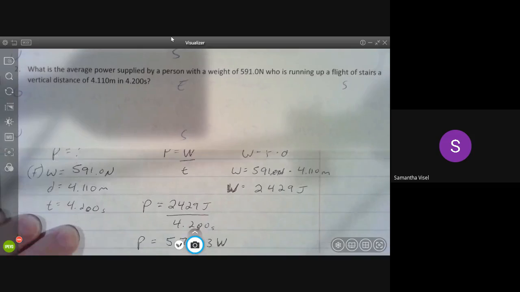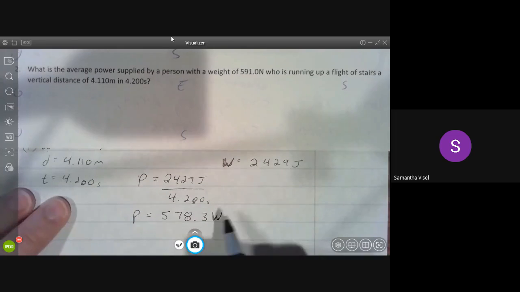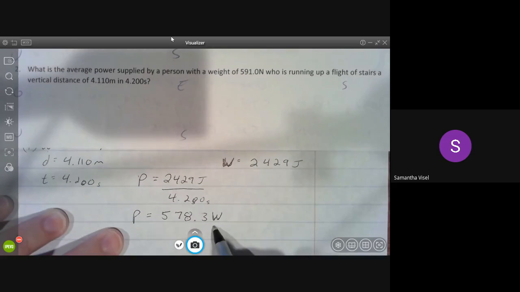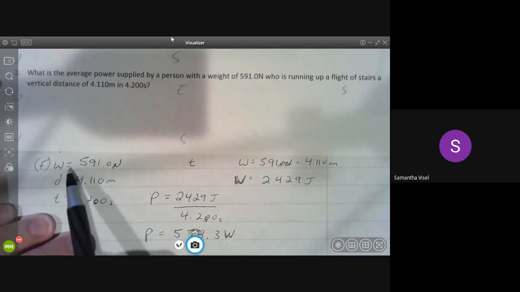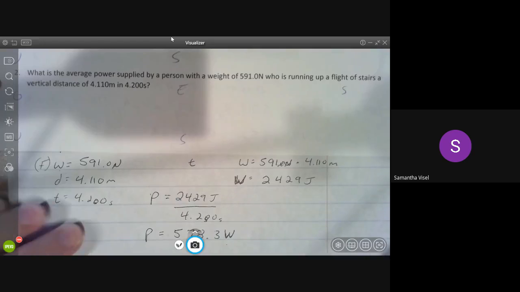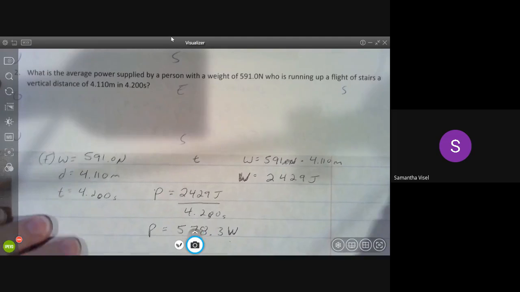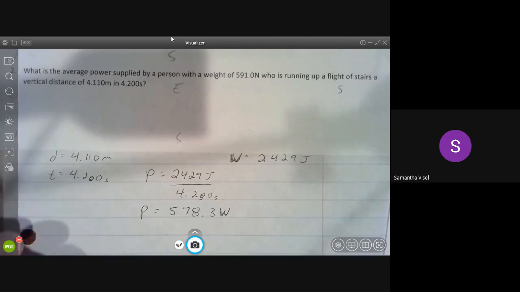This unit is a little, sorry about that, a little confusing, because the unit for power is a W, the symbol for work is a W. We have weight popping up every now and then, that's a lowercase w. So you do really need to pay attention to, for this unit, what exactly are your givens that you have and that you're using.